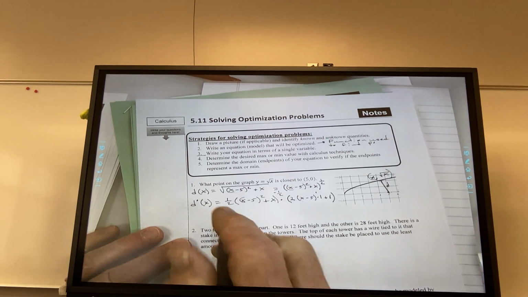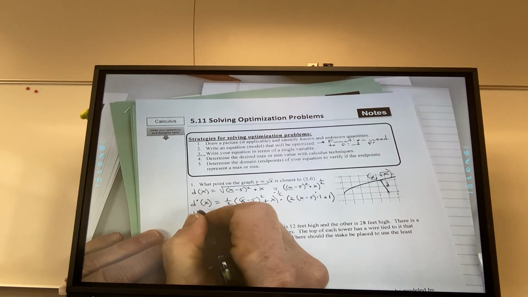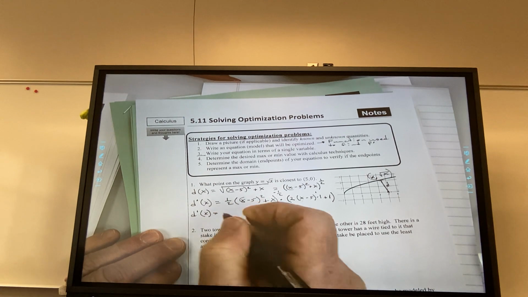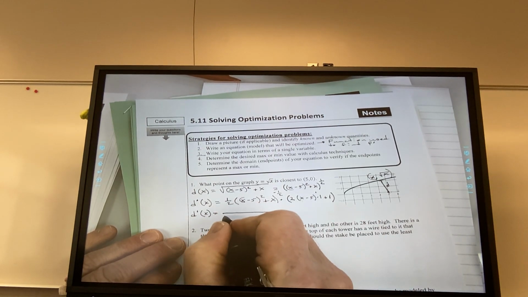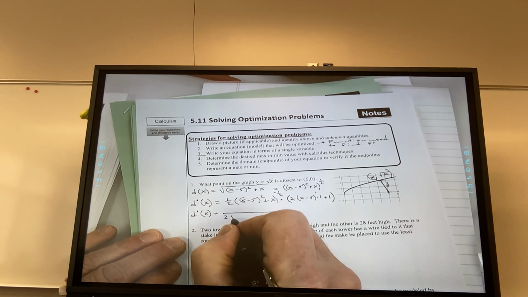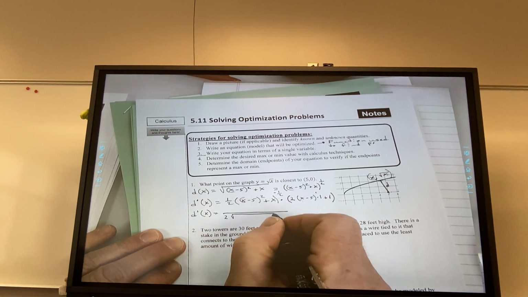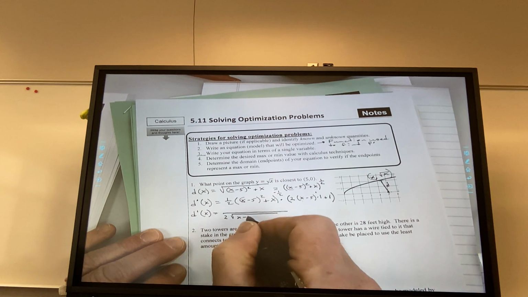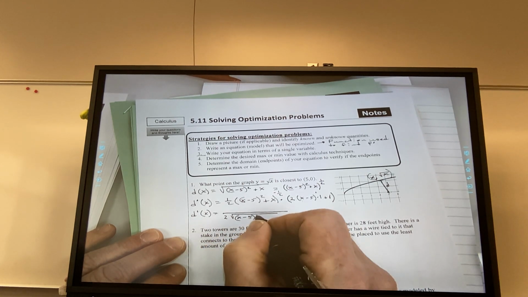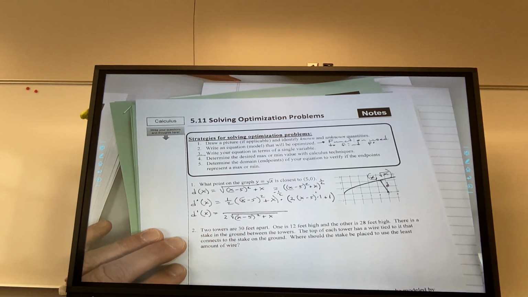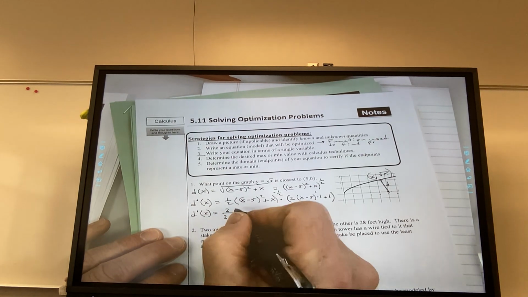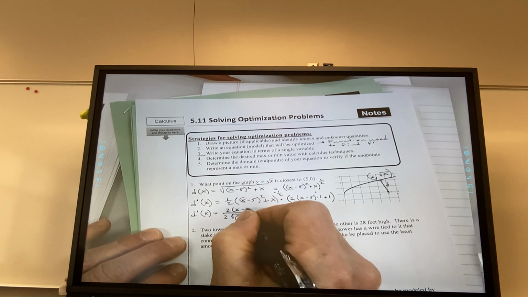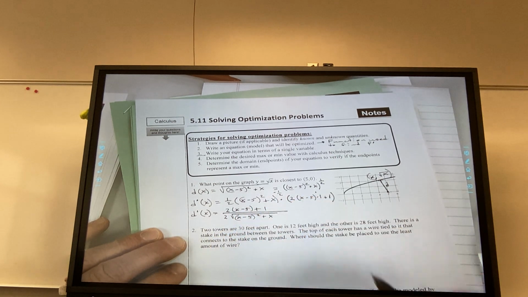Okay. So now I'm going to rewrite this. Down here, I'm going to have 2 square root of x minus 5 squared plus x. And up here I'm going to have 2 times x minus 5 plus 1.